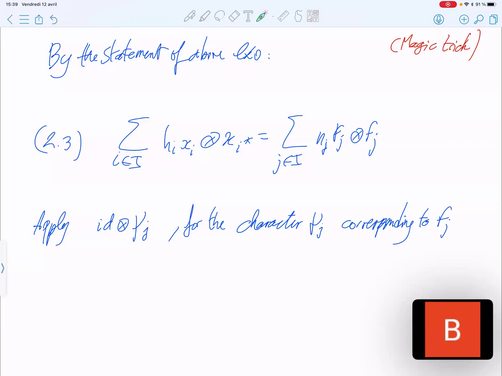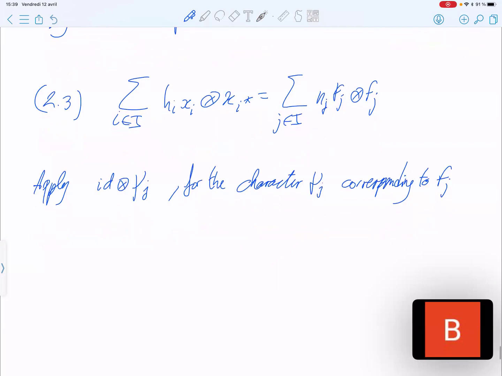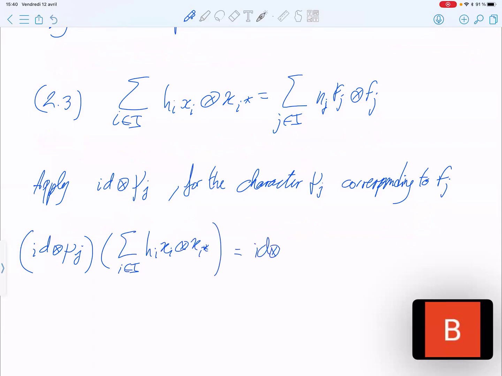So remember, character means algebra morphism. We apply identity tensor mu_j to this equality, so the sum for i in I of h_i x_i tensor x_i star equals identity tensor mu_j applied to the sum for j in I of f_j tensor f_j.